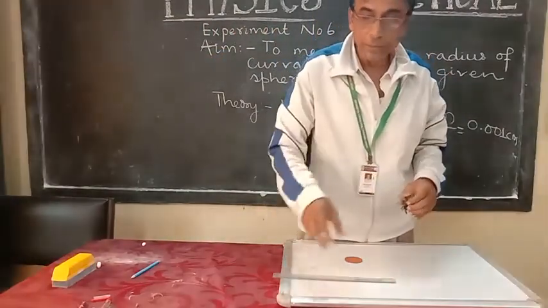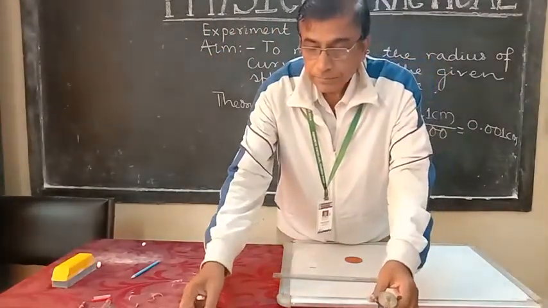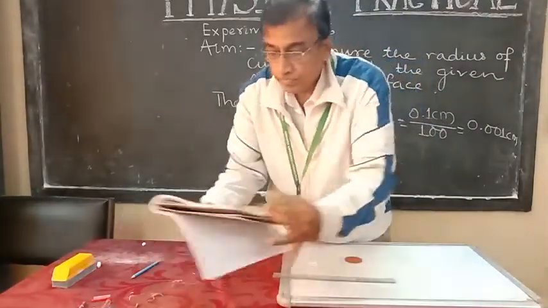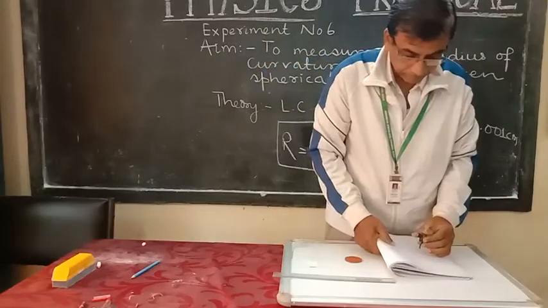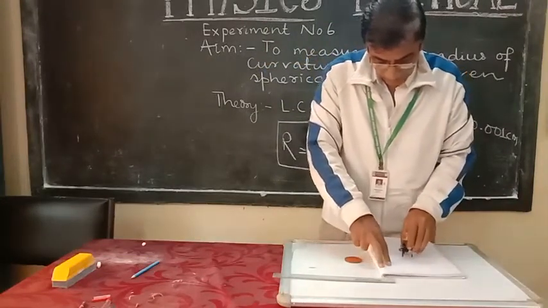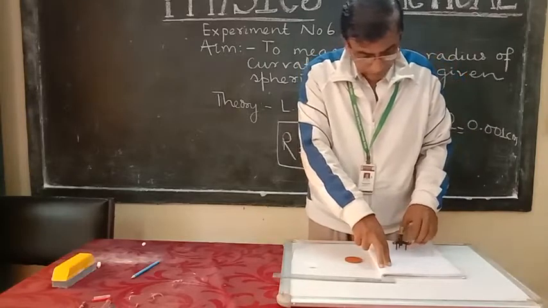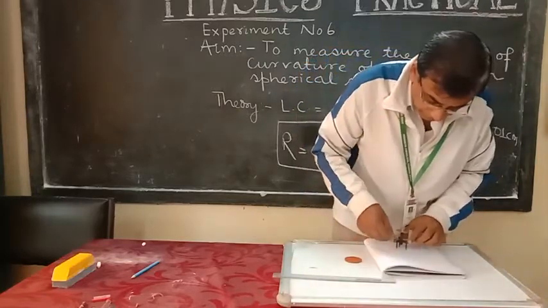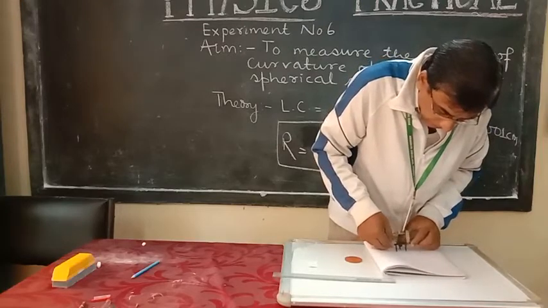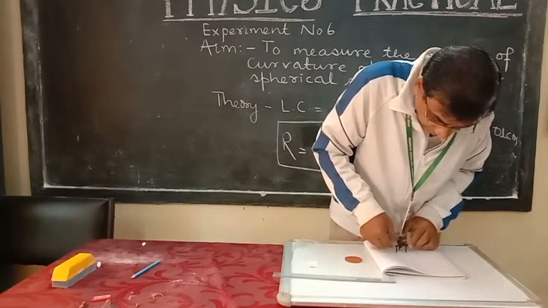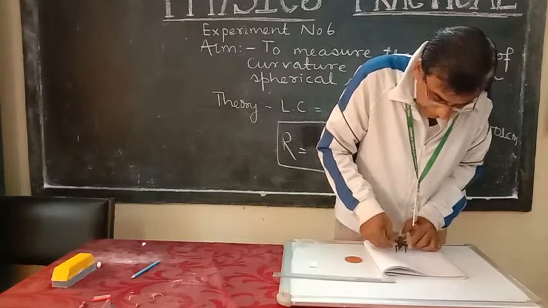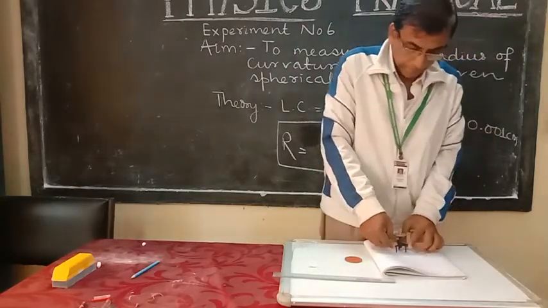Suppose this is a paper. I am keeping this. You can see, you have to press these 3 legs such that they create 3 impressions, 3 dots on the paper.